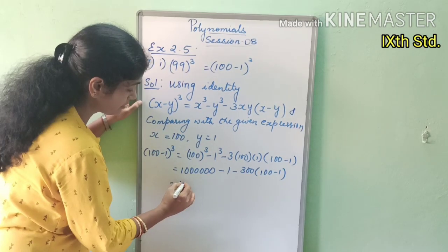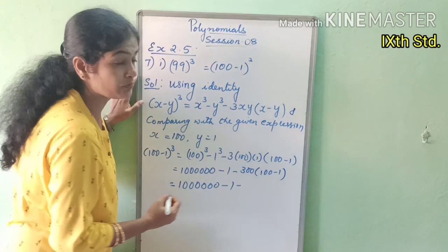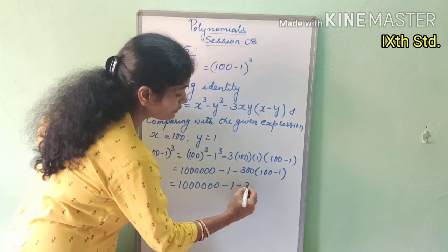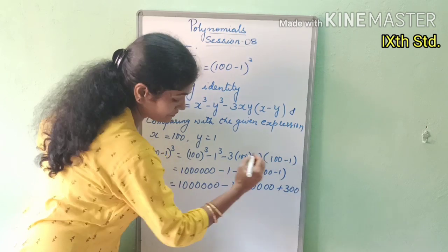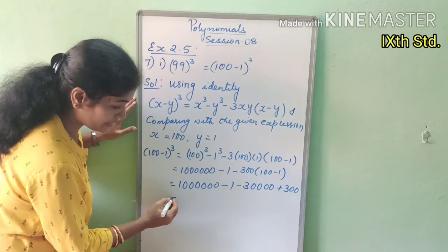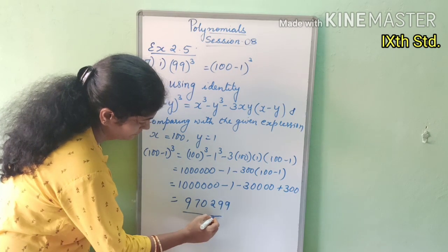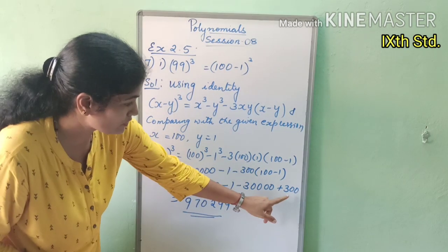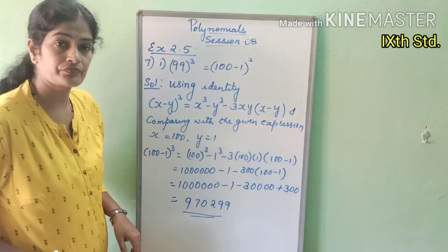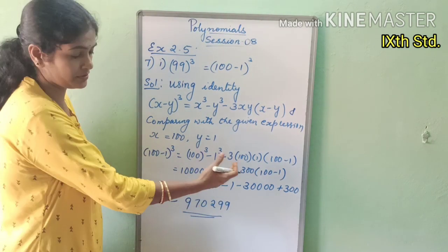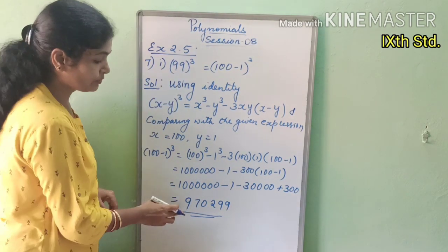So when you multiply with 300, it is minus 300 into 100, then plus 300. This leads to 970299. 30,000 plus 300 is 30,300, and from that minus 1. Or 300 minus 1, however it is convenient to you. So the value of 99 cube is this much.